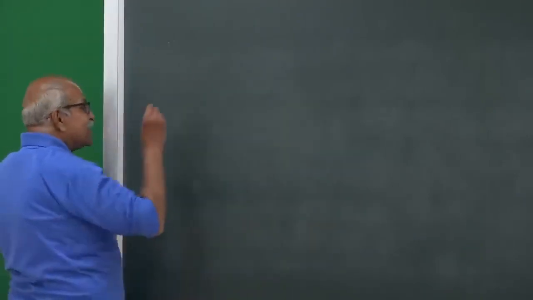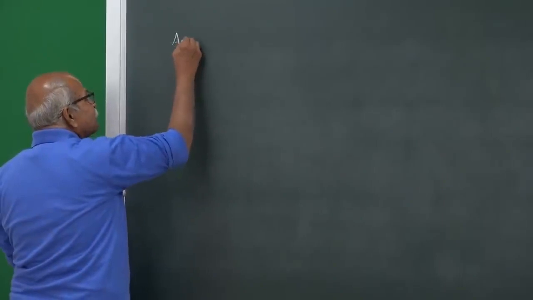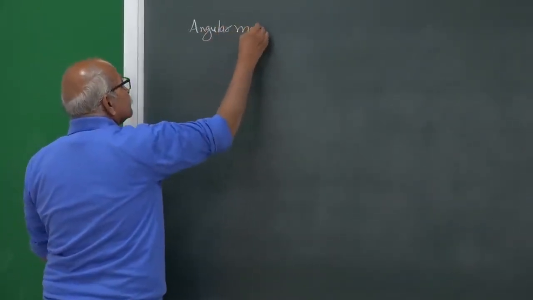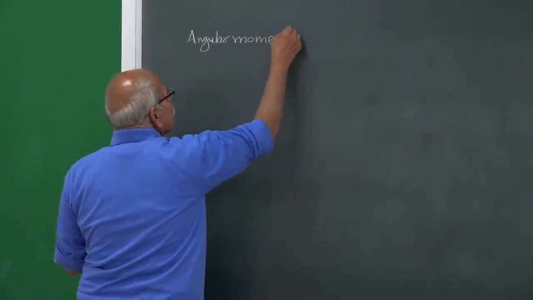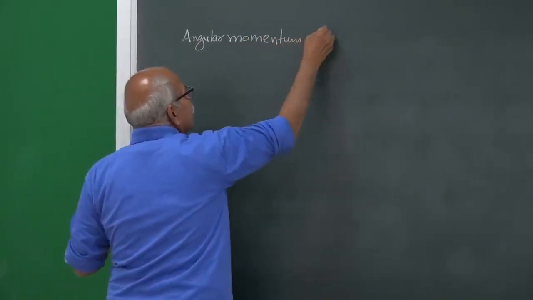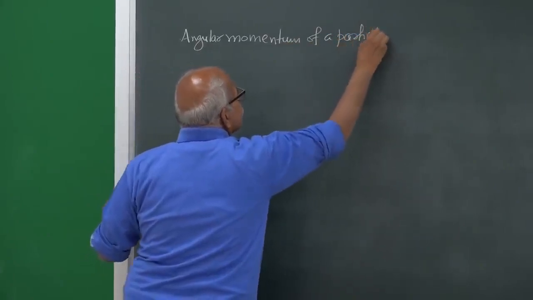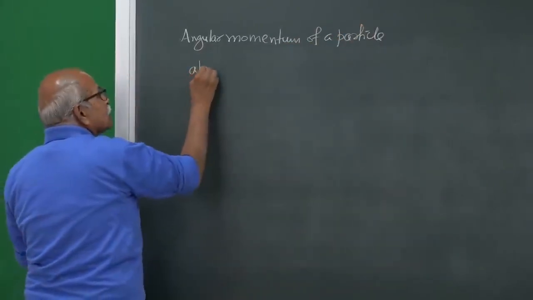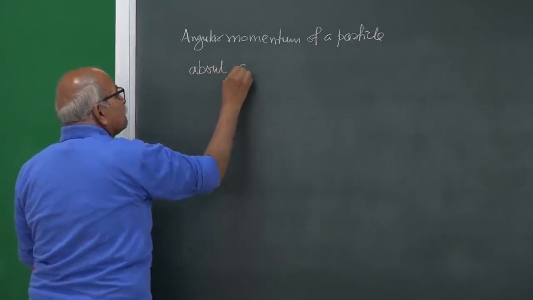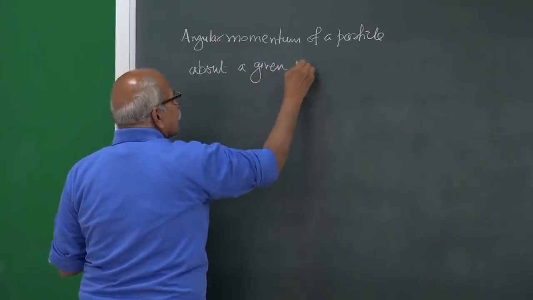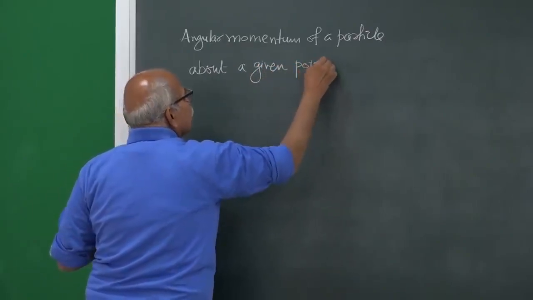The first thing is this angular momentum of a particle about a given point, which I will call the origin.